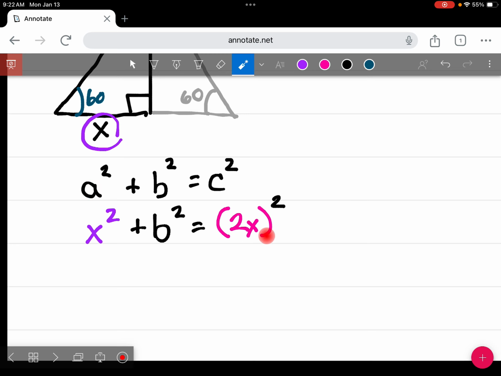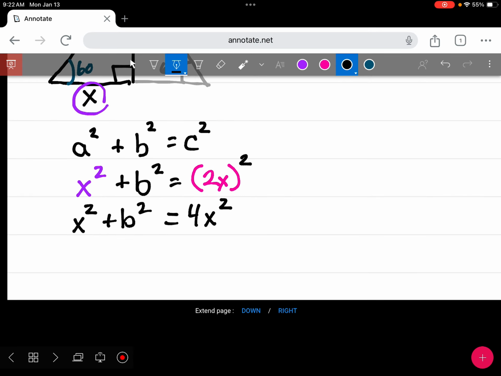So we are going to try and simplify this out. I know that my x squared plus b squared equals 2x as a quantity squared. So what is this really equaling over here? 4x squared. What do I do to try and figure out what b is? Subtract x squared.